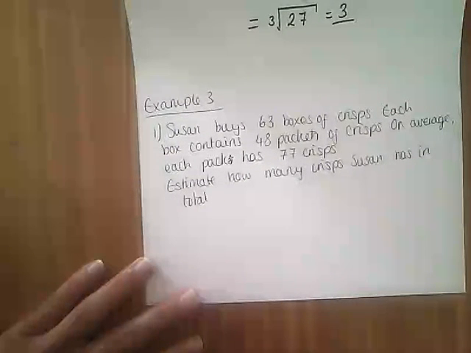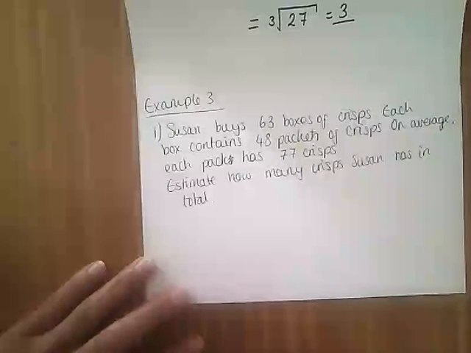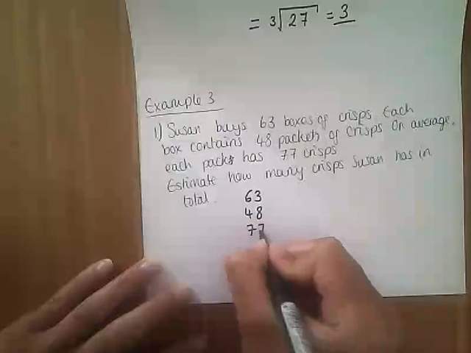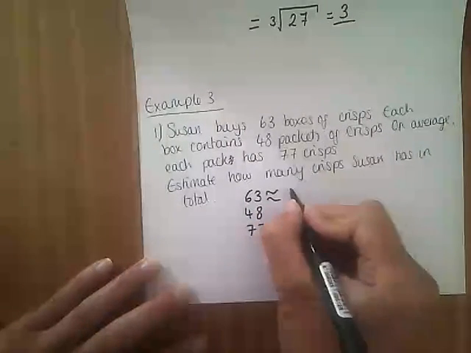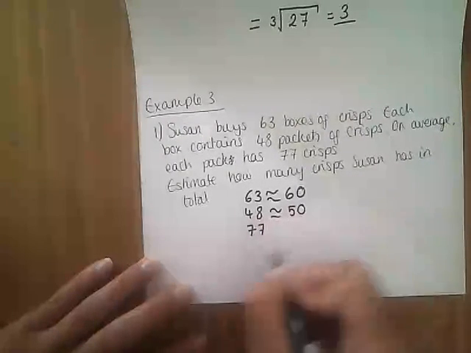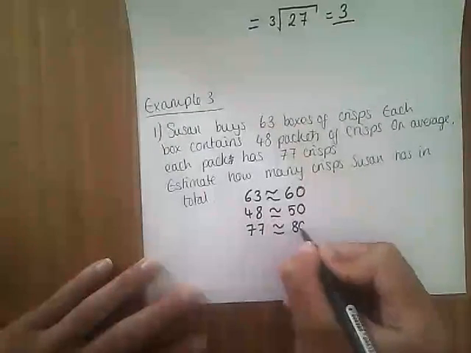On average, each pack has 77 crisps. Estimate how many crisps Susan has in total. Okay, so first of all, we're going to take each number and round to one significant figure. So 63 is obviously 60, 48 is 50, and 77 is 80.